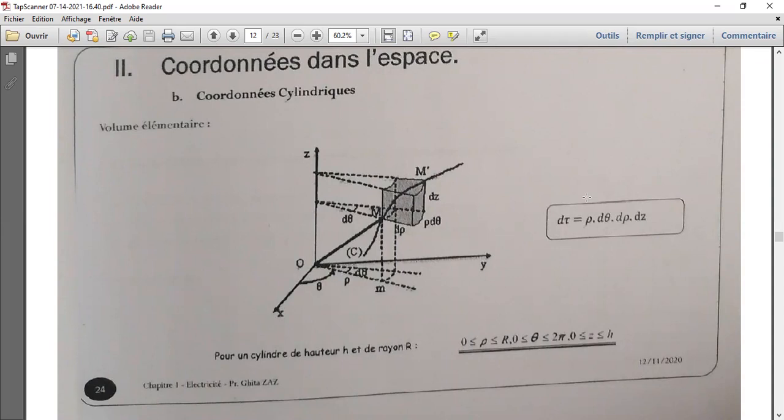If it's the radius which is constant, you have to use the vector E rho. If it is the height, the Z, which is constant, you have to use the vector EZ.